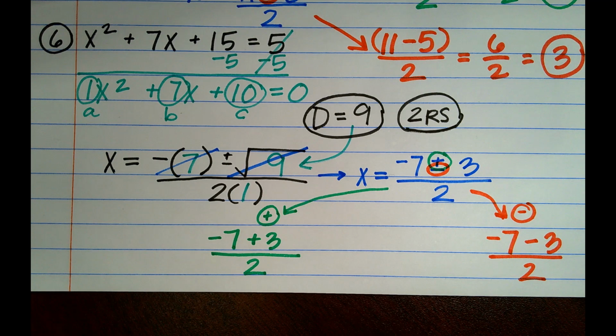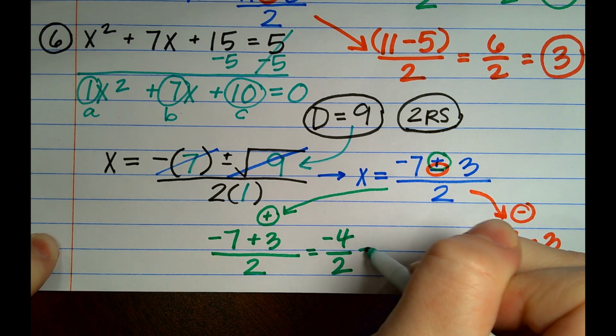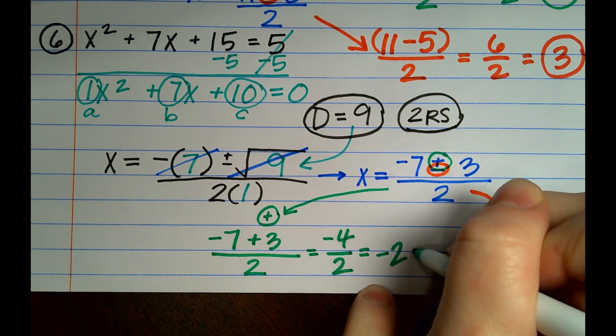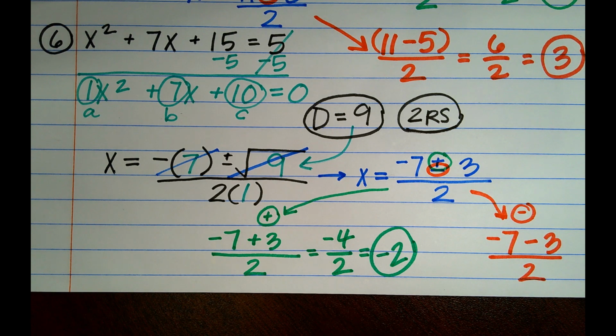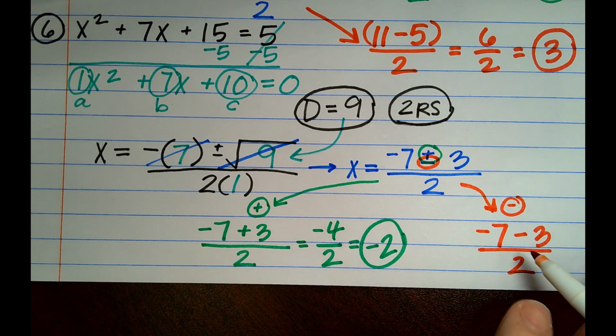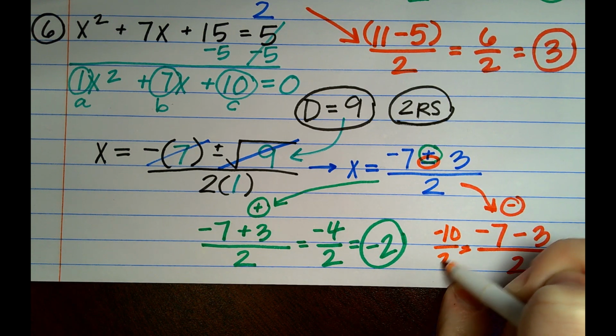All right. So let's do the plus first. What is negative 7 plus 3? Negative 4. Divided by 2. What's my answer? Negative 2. Perfect. Negative 2. Okay, and now negative 7 minus 3? Negative 10. Good. And divide by 2, what is it?